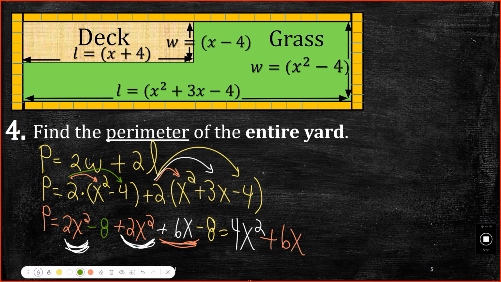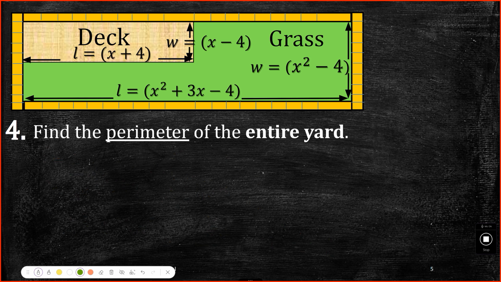What's negative 8 and negative 8 added? You owe 8, you owe 8 more. What else are we going to do? It's a second degree trinomial now.